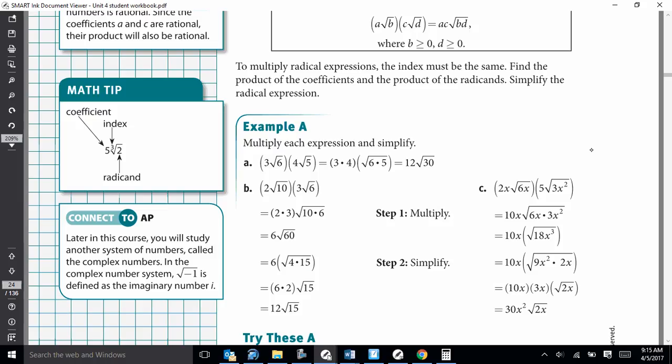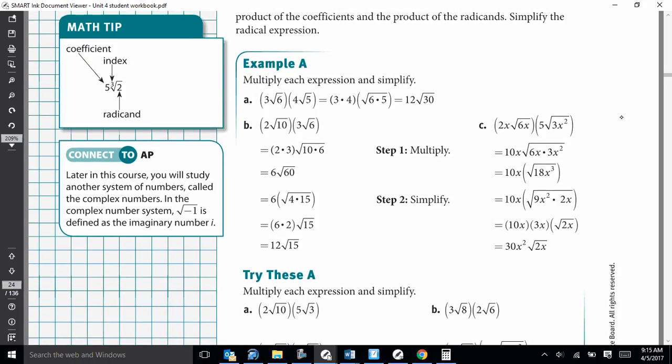Alright, so let's look at this first example. Multiply each expression and simplify. So just like we've been doing, so we have 3 times the square root of 6 times 4 times the square root of 5. We take our numbers, multiply them together, in front. So 3 times 4 gives us our 12.